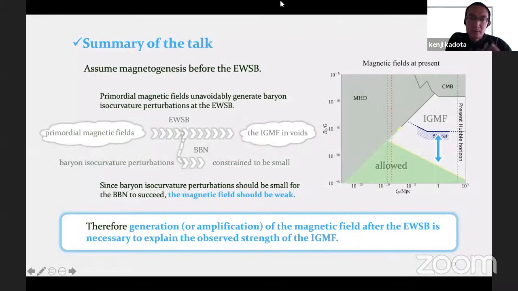But there's an astrophysical explanation for the observed strength of this IGMF. Is that a common explanation?